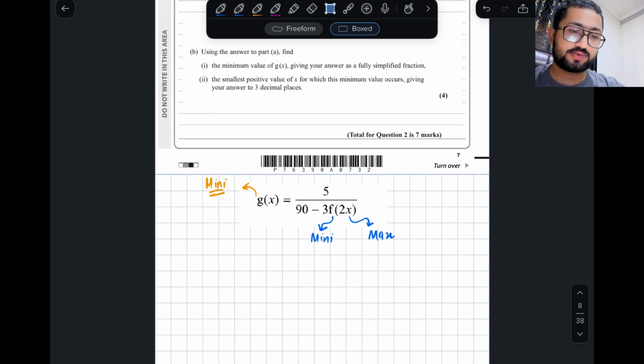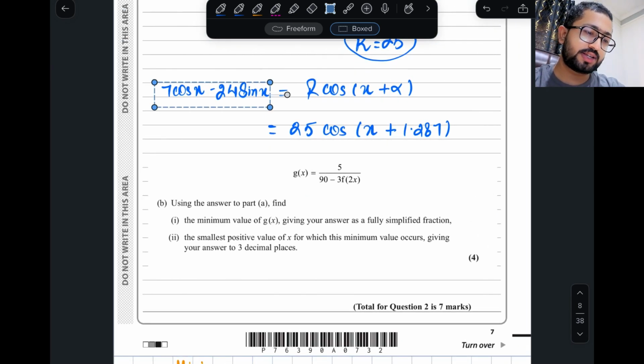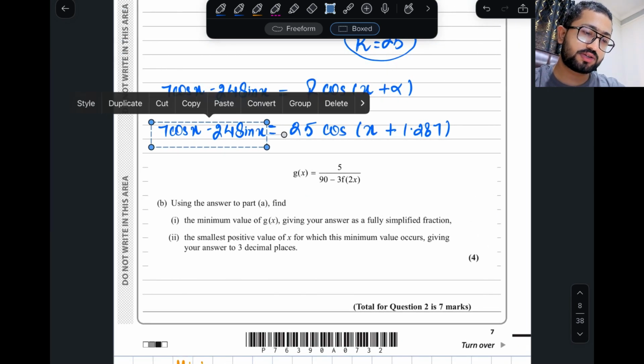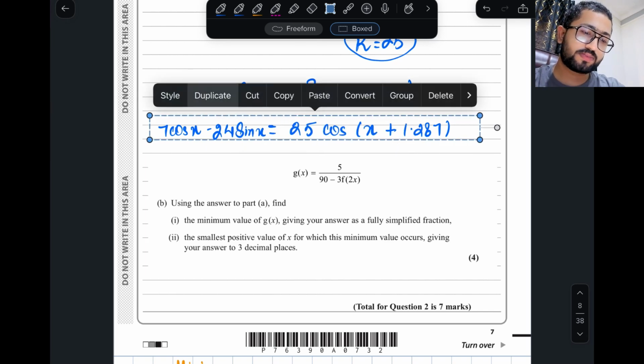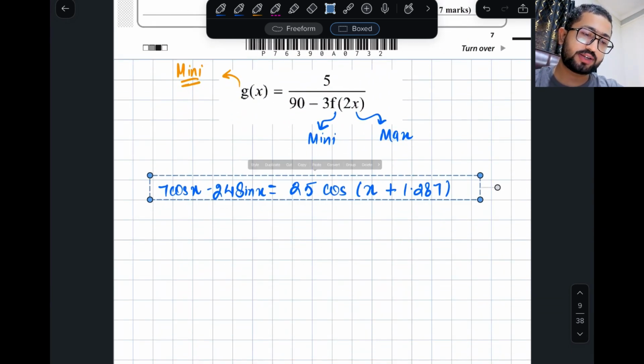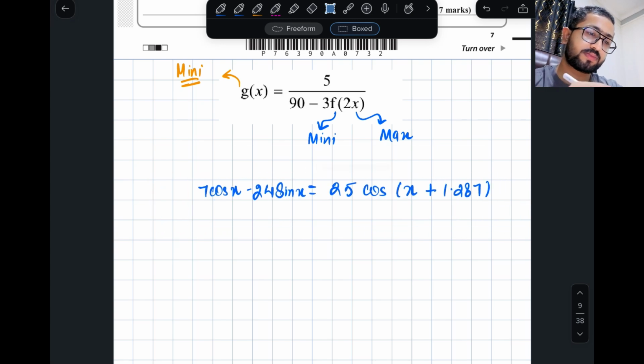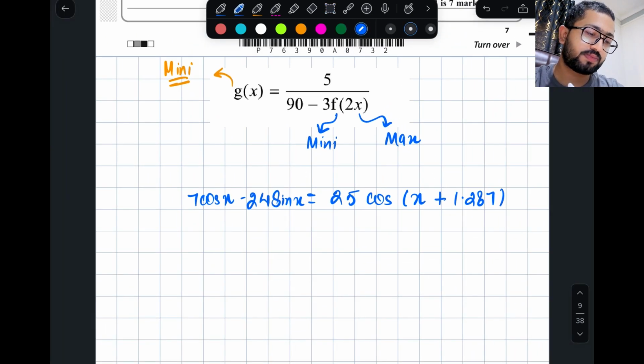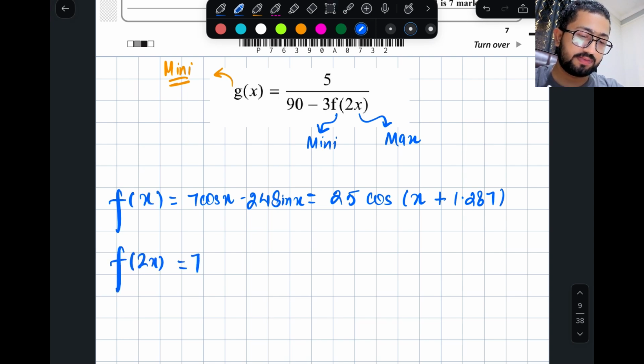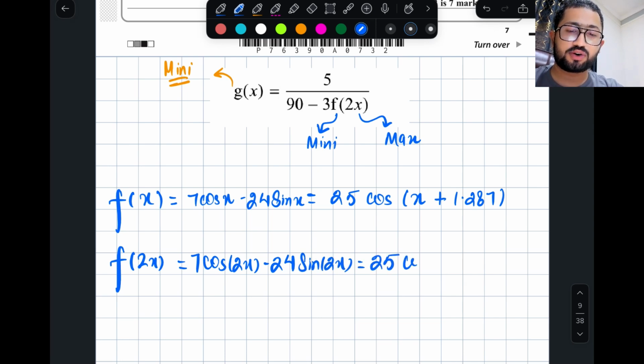What is f of 2x? This is our f of x function. How to get f of 2x? This is the f of x function, so f of 2x will become 7 cos 2x minus 24 sin 2x, which is equal to 25 cos(2x plus 1.287).